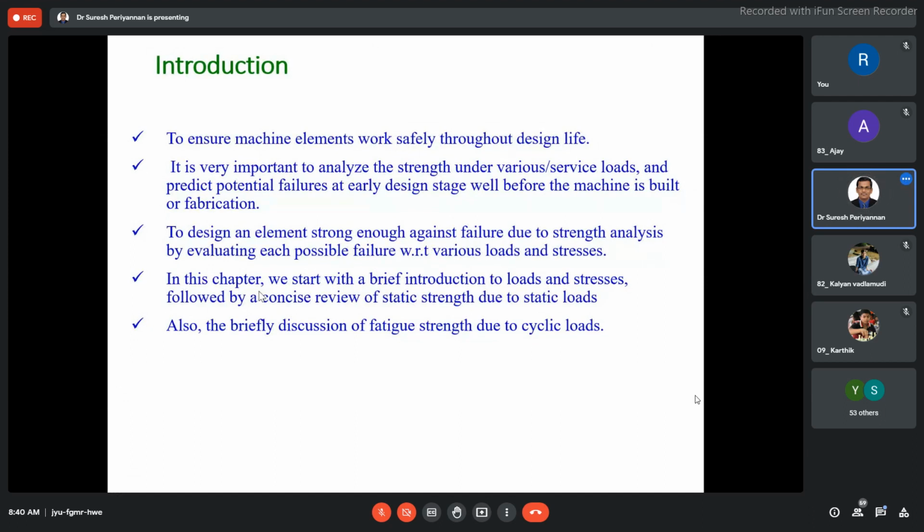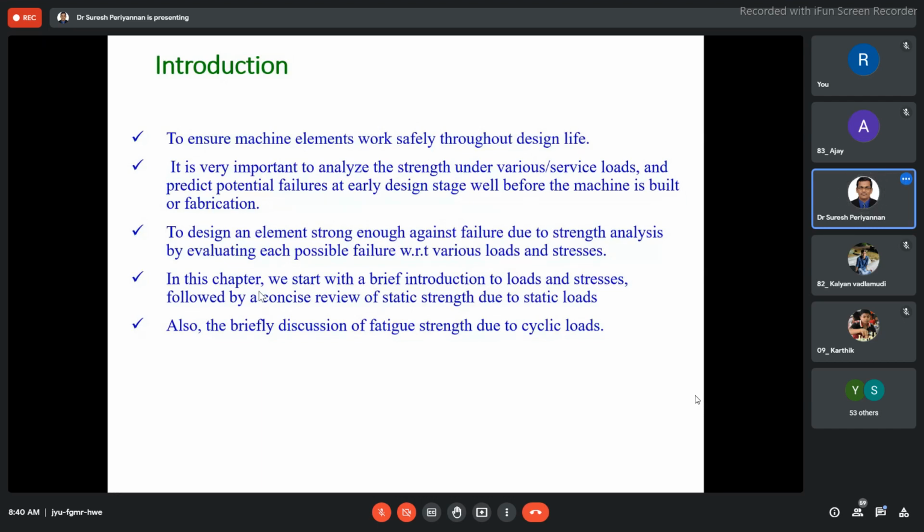We will also briefly discuss fatigue strength due to cyclic loads. We will study fatigue strength and dynamic loads in detail later, but now, based on time, we will discuss cyclic loads in a very brief manner.